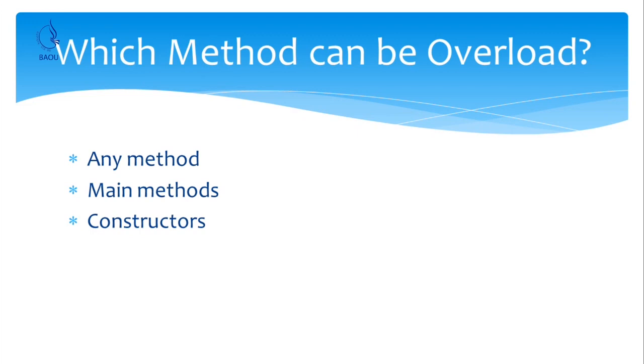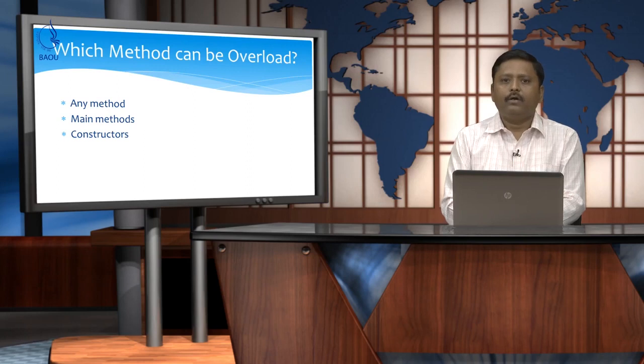Now, we have different types of methods available in Java. So, which method can be overloaded? As mentioned earlier, if a method has a different parameter number or type, then we can overload any method. Now, we consider two special types of method. One is the constructor. In the previous lecture, we discussed that we can overload a constructor to initialize data of a class.